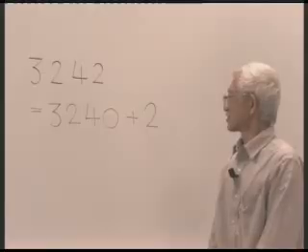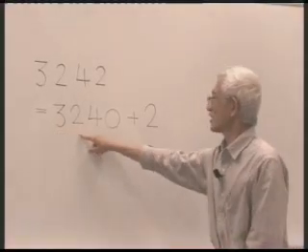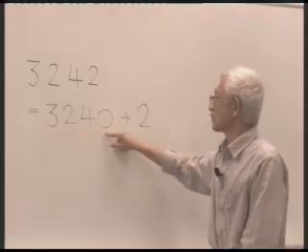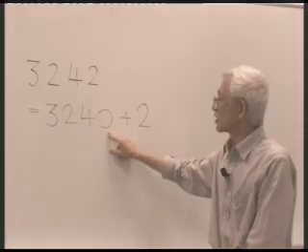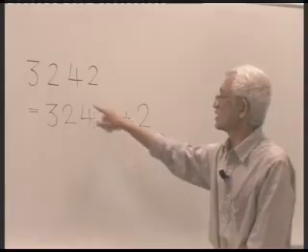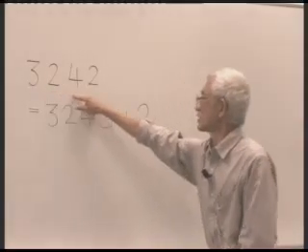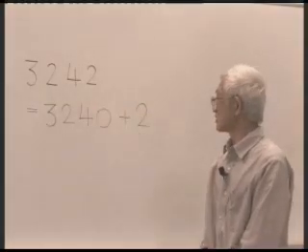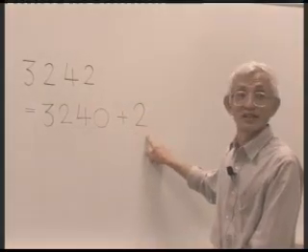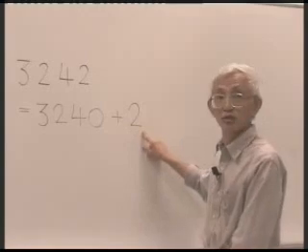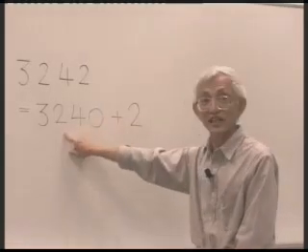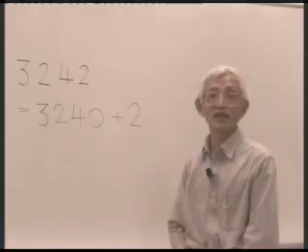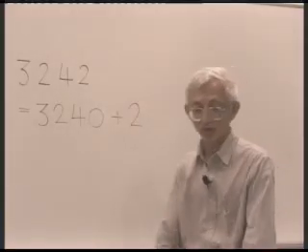Now, this number is a multiple of 10, and this number is divisible by 2. So if I want to check whether the given number is divisible by 2 or not, all I need to do is to check this number. If this number is divisible by 2, then there is a factor 2 here, so I can take it out, so the number will be divisible by 2.